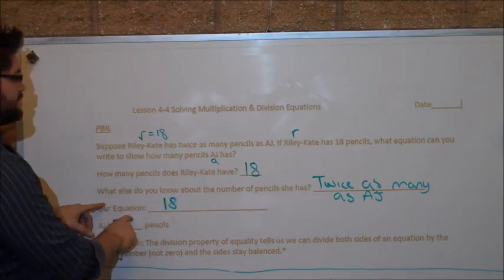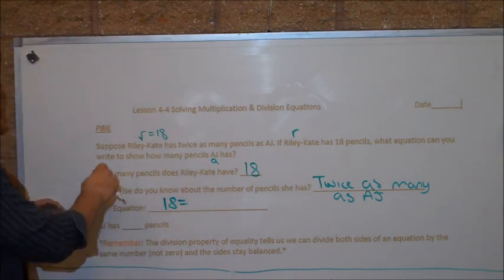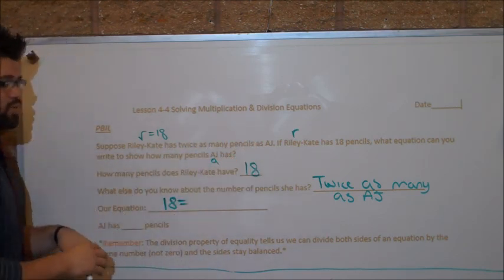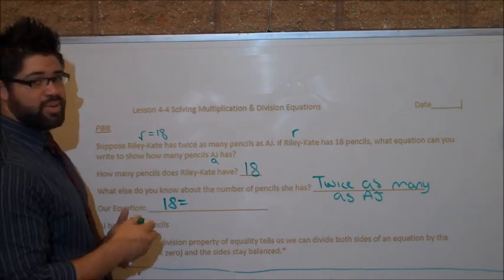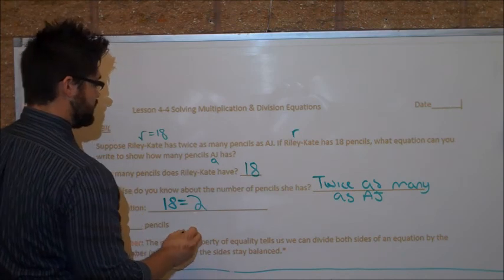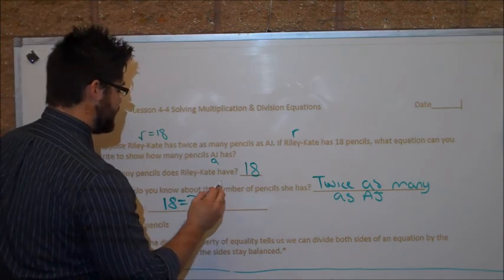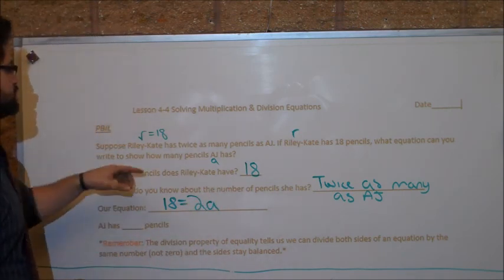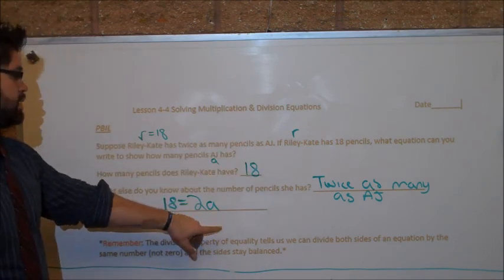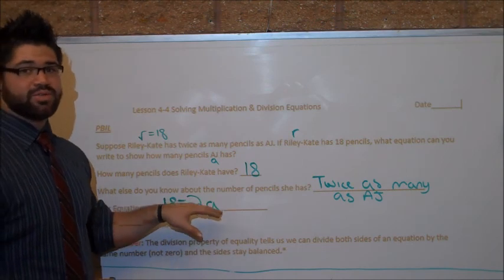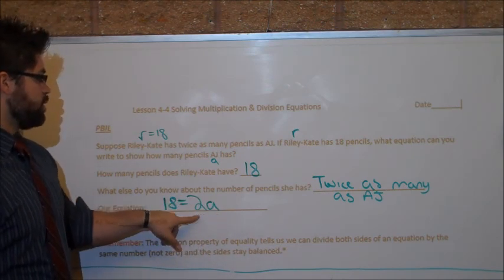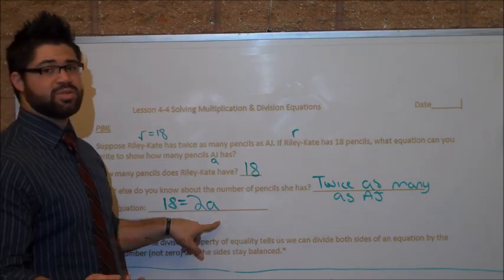So 18 equals, because Riley Kate has twice as many pencils as AJ. So Riley Kate's amount of pencils is twice as many as AJ. So if she has twice as many pencils as AJ, we can write 2 times A. And remember, whenever we have a coefficient next to a variable, coefficient being just the number in front of a variable, that just means to multiply.